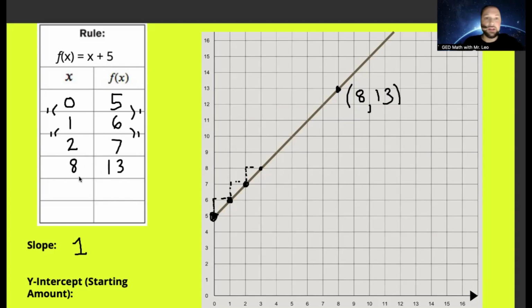That checks out. But now, how could I find the slope just between these points? From (2, 7) to (8, 13), this increases by 6. Can you see that? And this also increases by 6.